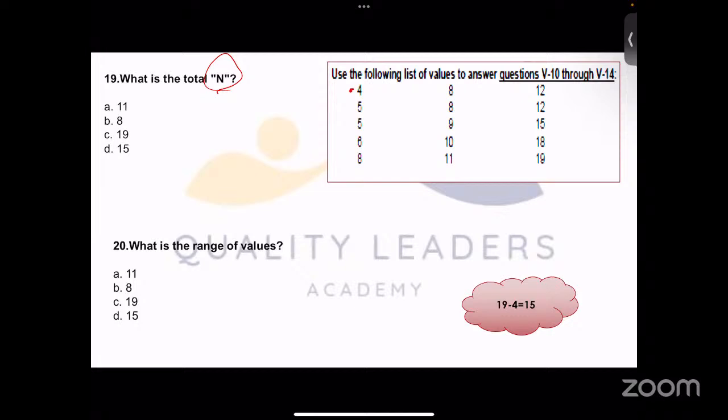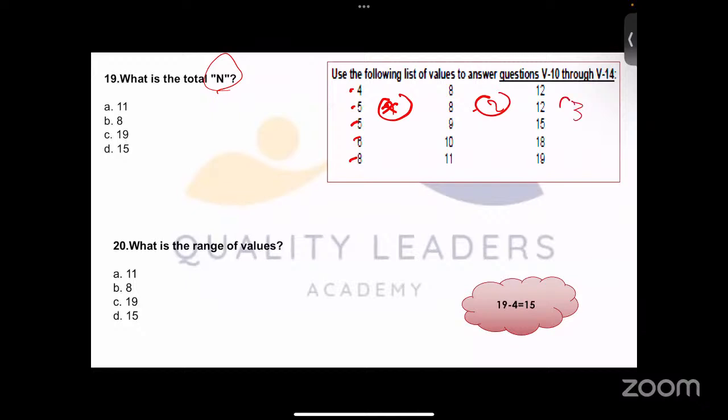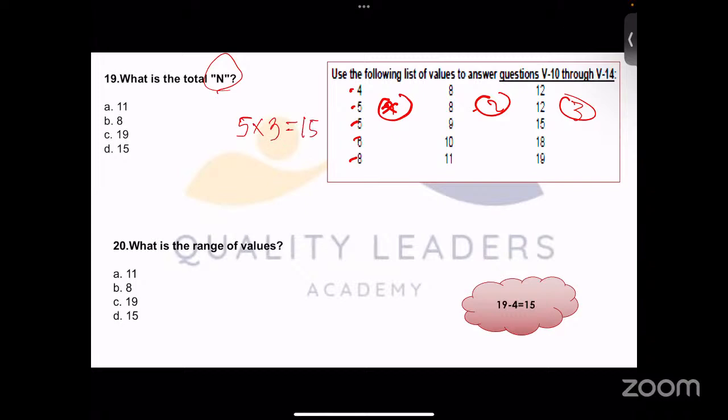Okay, so 1, 2, 3, 4, 5, across these three groups. So what is N here? So 5 times 3 is equal to 15, which is your population count.